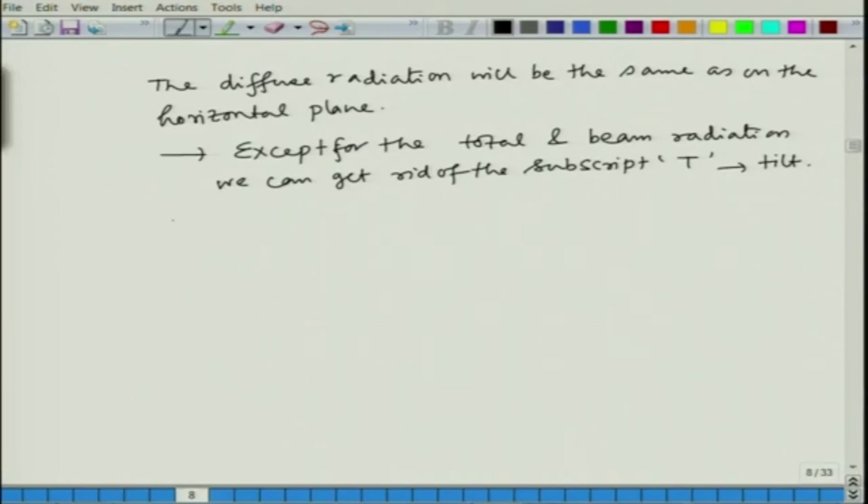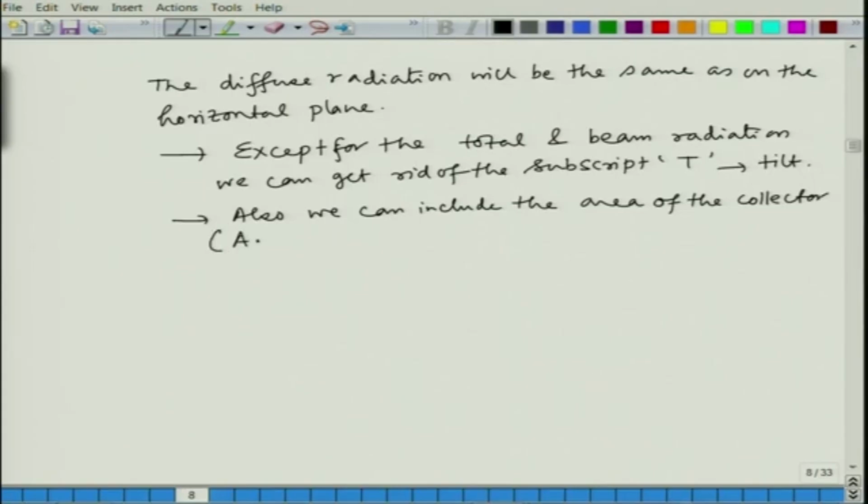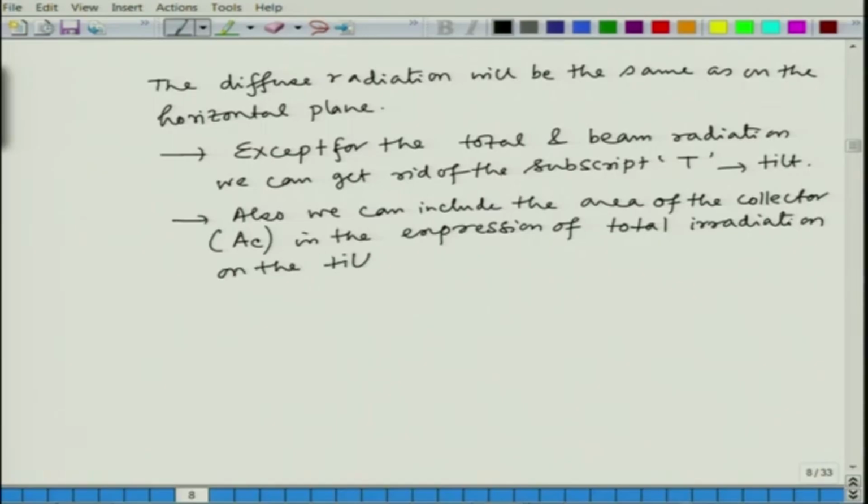So, what we can write, and also we can include the area of the collector, which we call A_C, in the expression of total irradiation on the tilted plane.